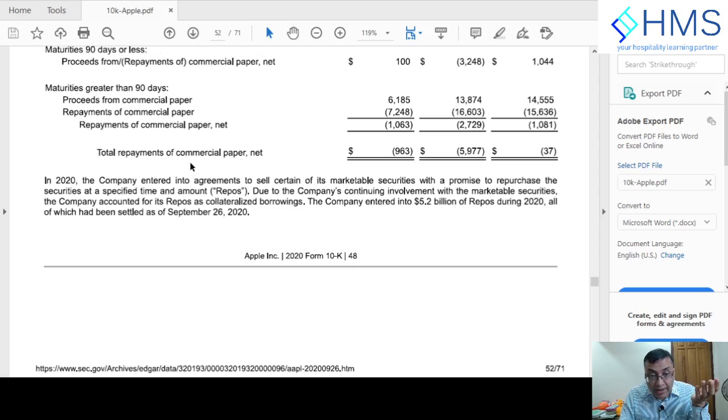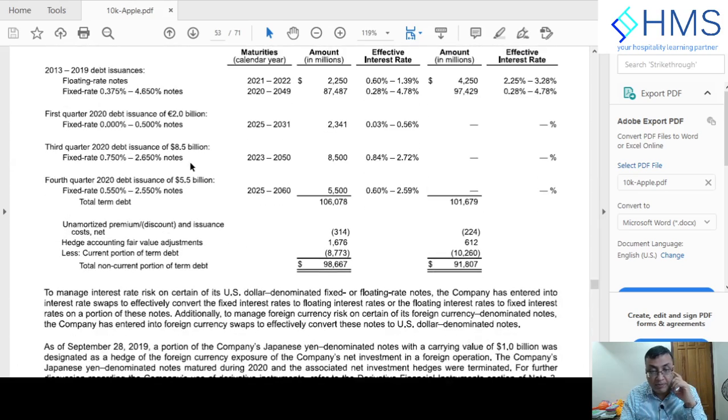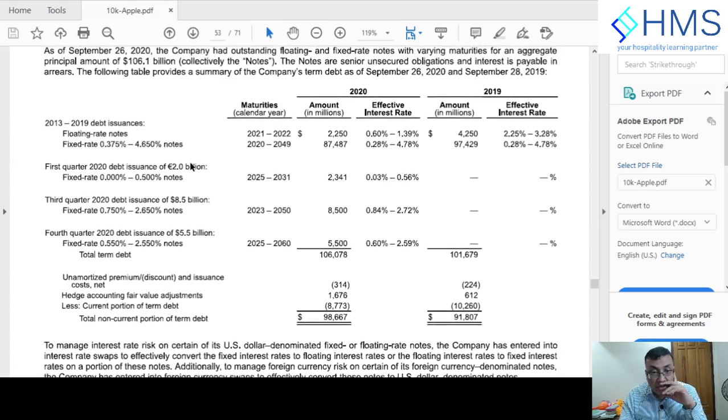And then the company has also entered into agreements to sell marketable securities with a promise to repurchase them at a specified time. Repos, due to the company's continuing involvement with the marketable securities, are accounted for as secured borrowing. It entered into $5.2 billion of repo during 2020, all of which has been settled as of 15 September. And then you have the long-term debt.